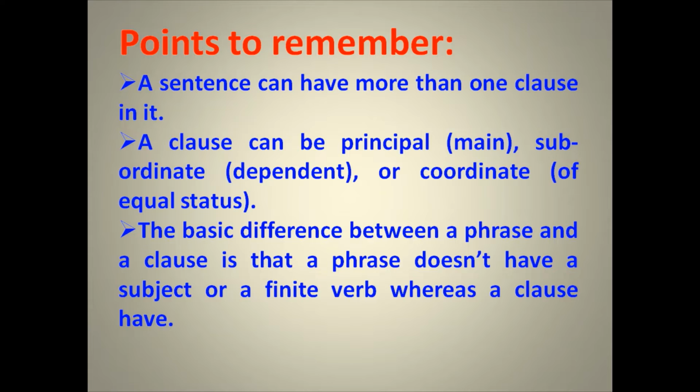But we have to categorize them into main clause or subordinate clause. Main means the part of the sentence which is more important than the other part of the sentence, that will be the main clause, and the rest will be the subordinate clause.